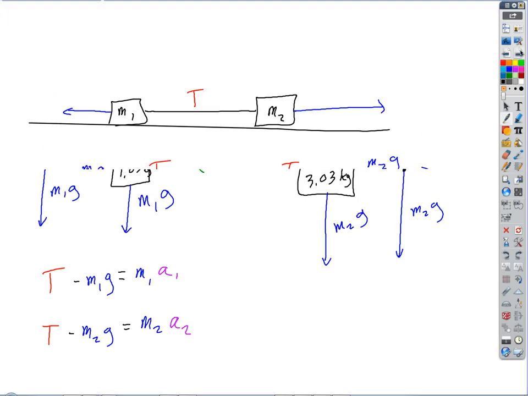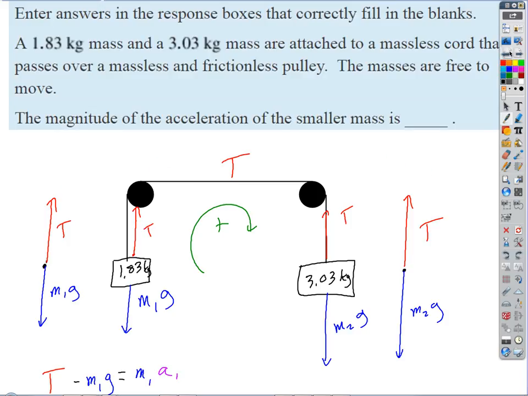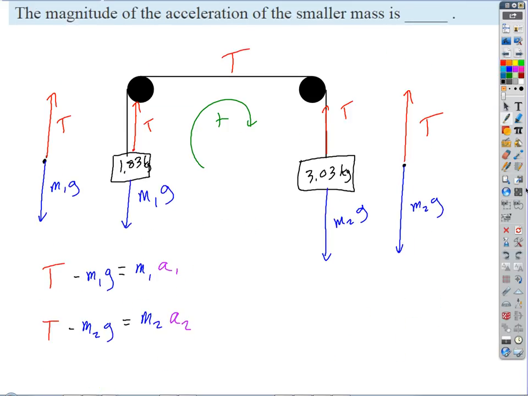Right? Because in this picture right here, we can see that the positive force is M2G, and the tension is actually pulling this bigger object in the negative direction. You see the dilemma? So when we look at this page, we've got to define this convention that as the system moves clockwise, we'll call that positive. So we've got to change this equation.